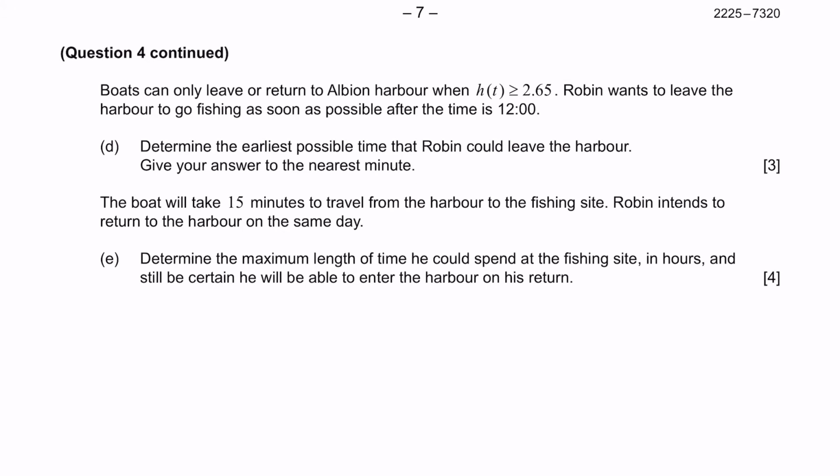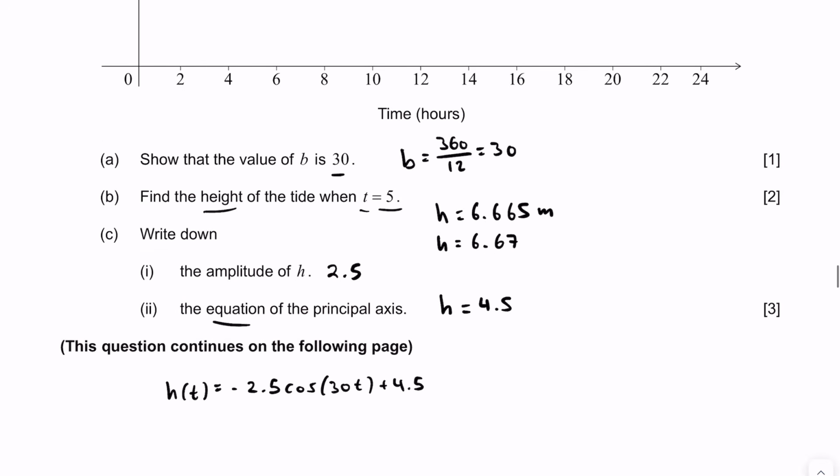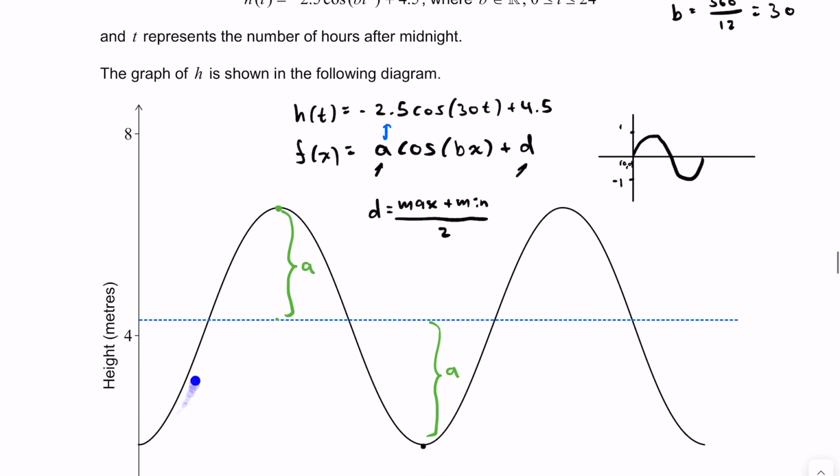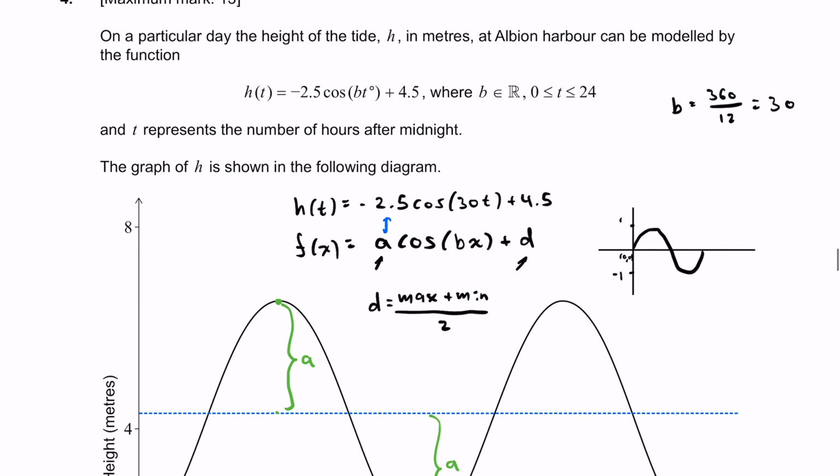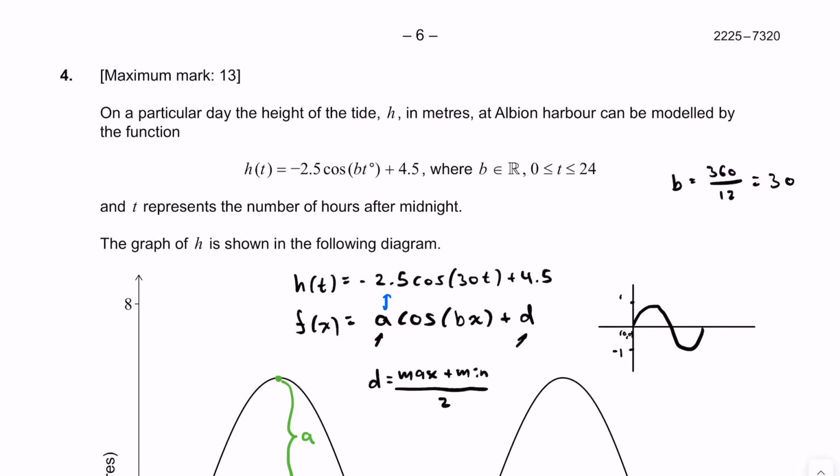Okay. So to leave the harbor, the height of the water needs to be greater than or equal to 2.65 meters. This function right here starts where t represents the number of hours after midnight. Number of hours after midnight would be 0000.